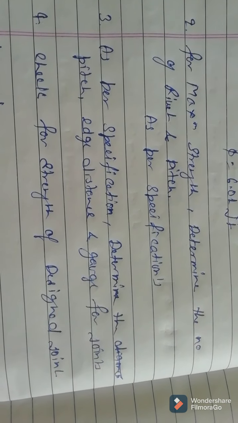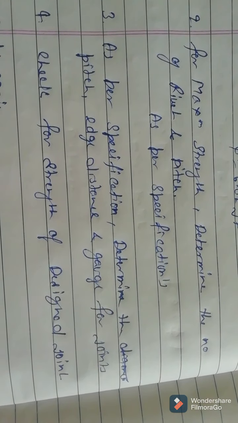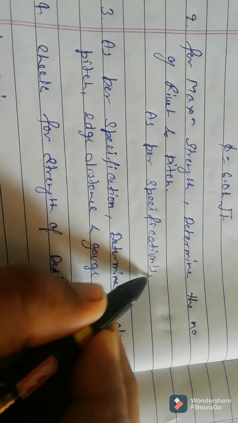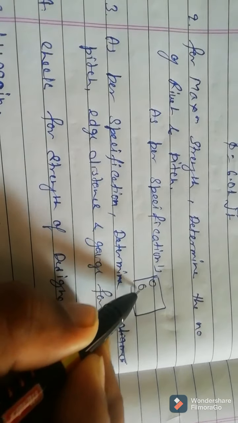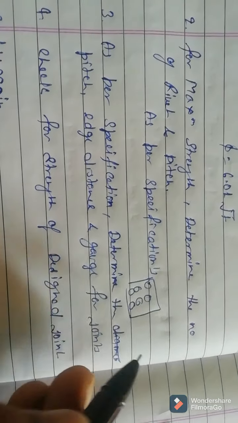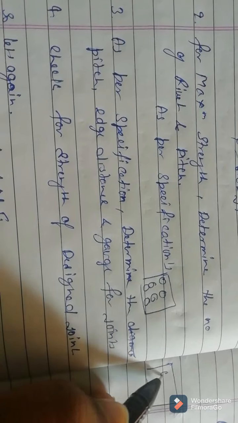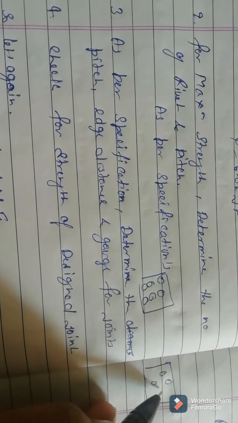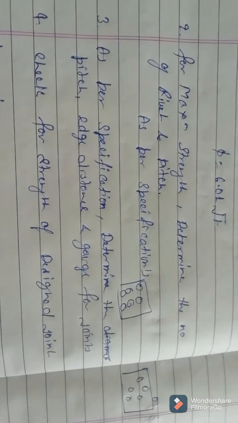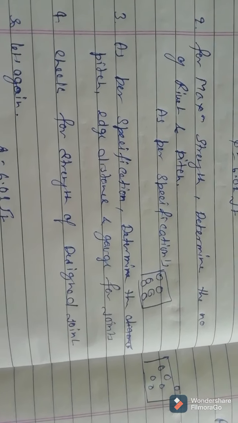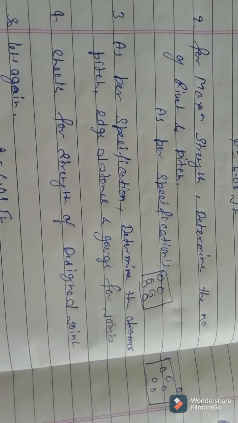There are types of arrangement: the first one is chain riveting, the second one is diamond riveting. So this one is the chain riveting. Now next one is the diamond riveting. As per specification or as per your requirement, you can arrange the rivets as you like.